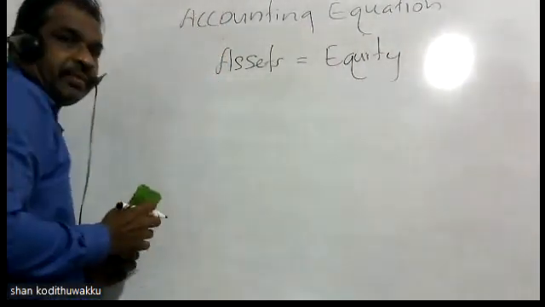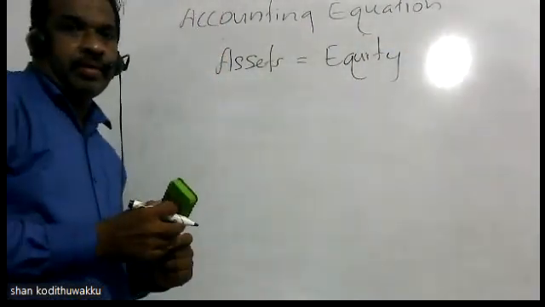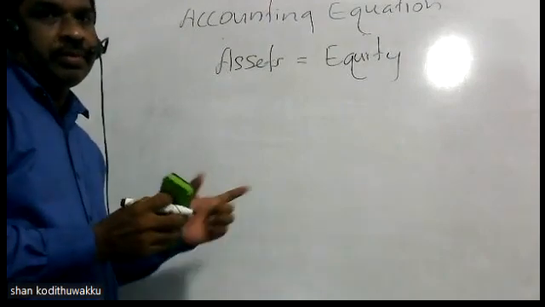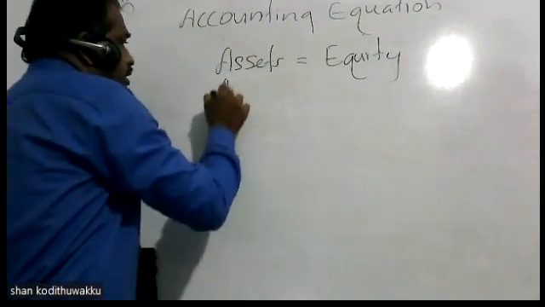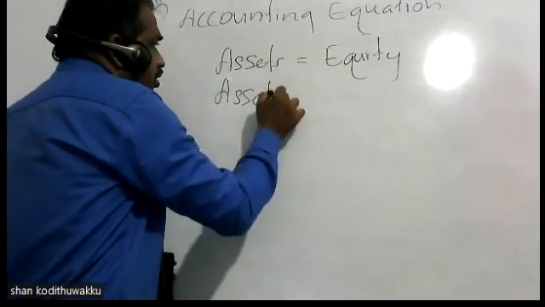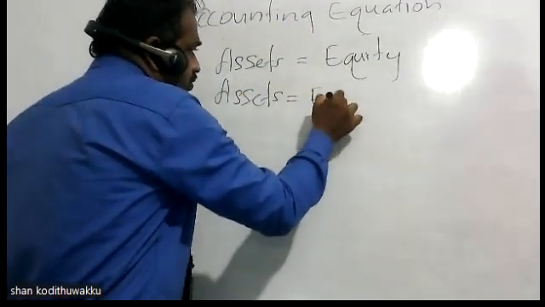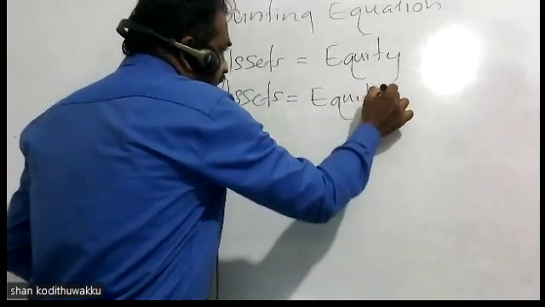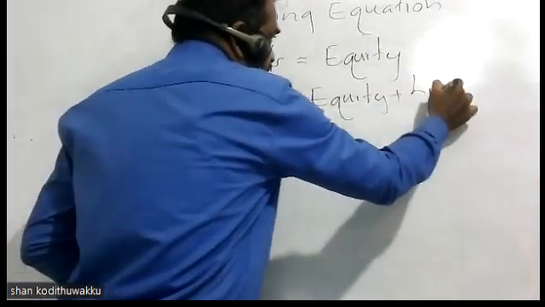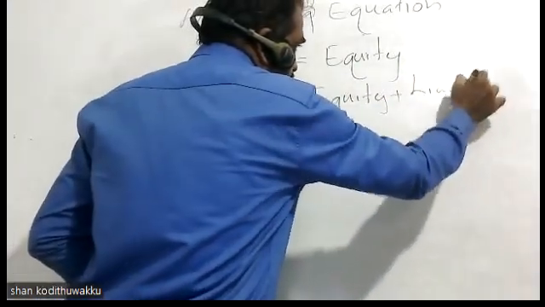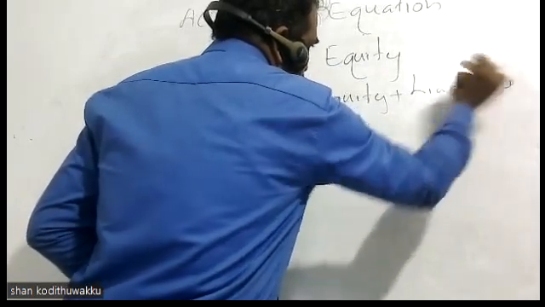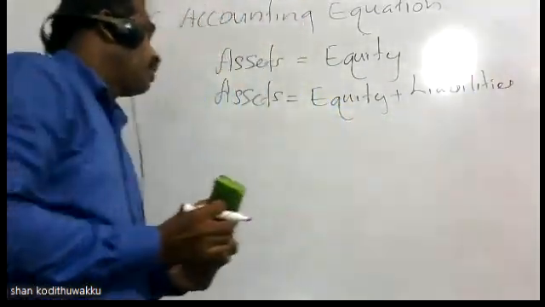But sometimes there can be external parties who have invested in the business. Then our accounting equation will be assets equal equity plus liabilities.